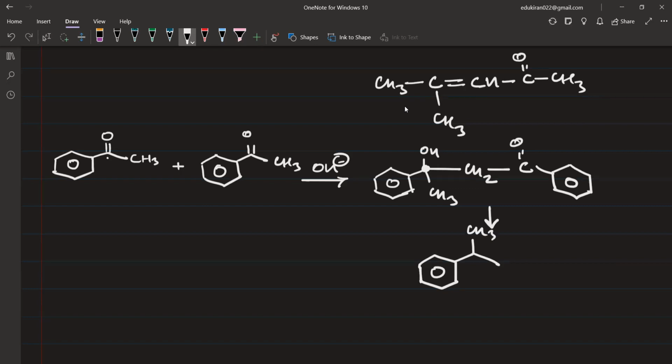Here you have CH3. This is the CH2. This is the carbonyl carbon. You have the benzene ring as it is like this. Okay, so this hydrogen, one hydrogen of it, and then the hydroxy group of that carbon.